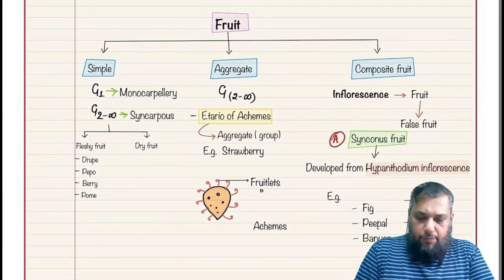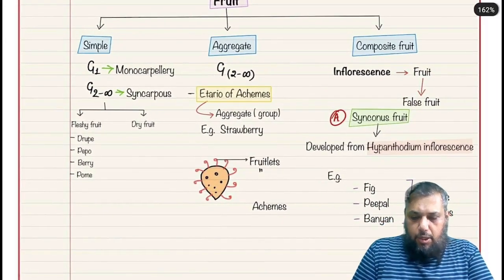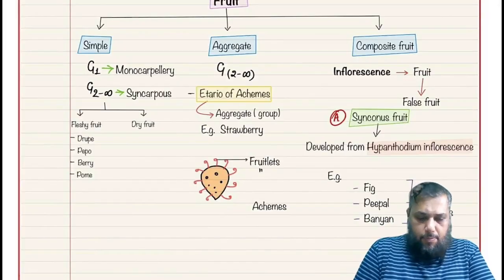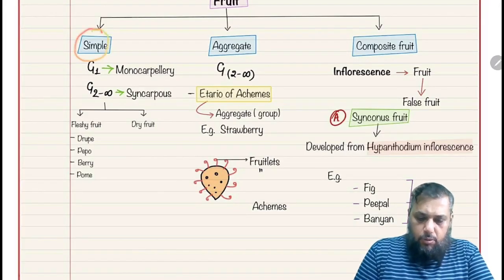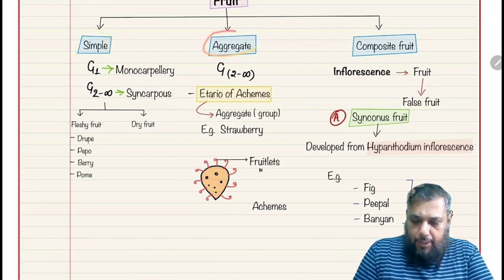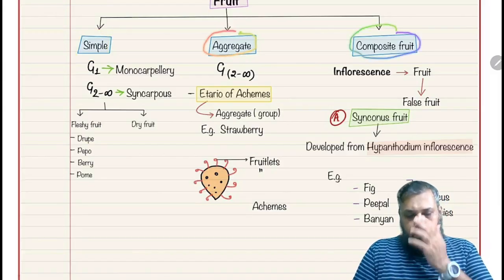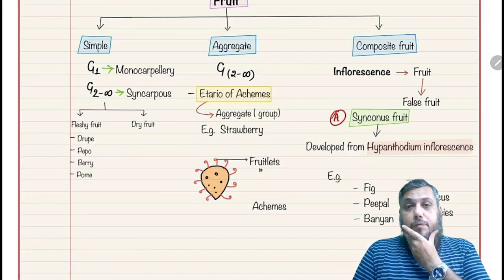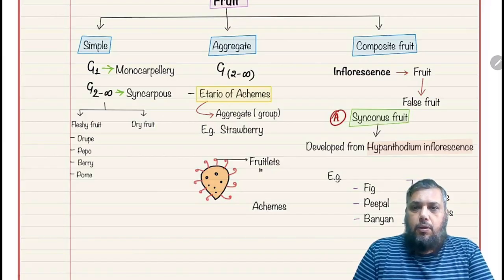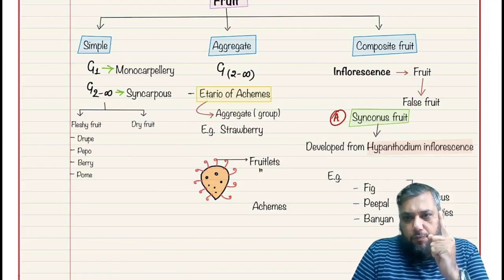The fruits can be classified into three simple types: a simple fruit, an aggregate fruit, and a composite fruit. What is a simple fruit? The simple fruit develops from one flower, which has a monocarpellary gynoecium.